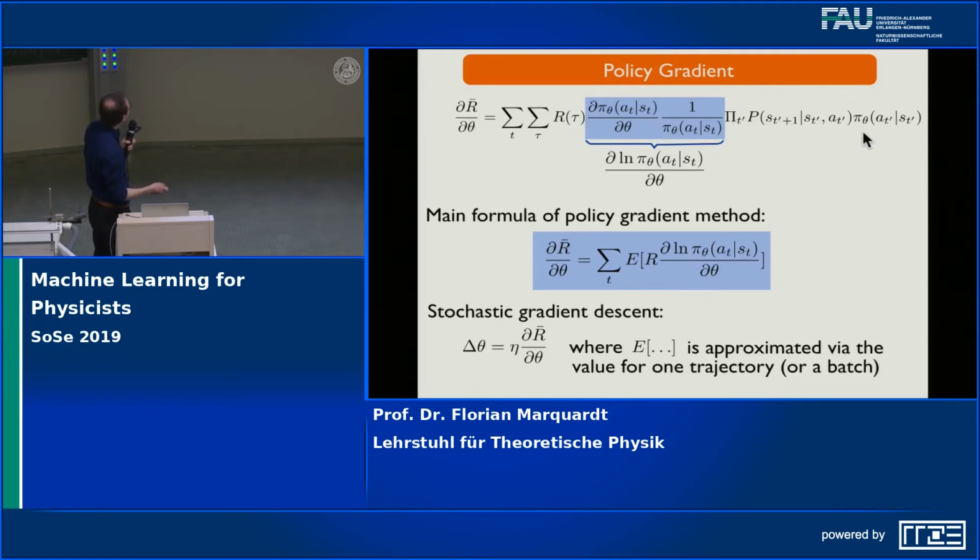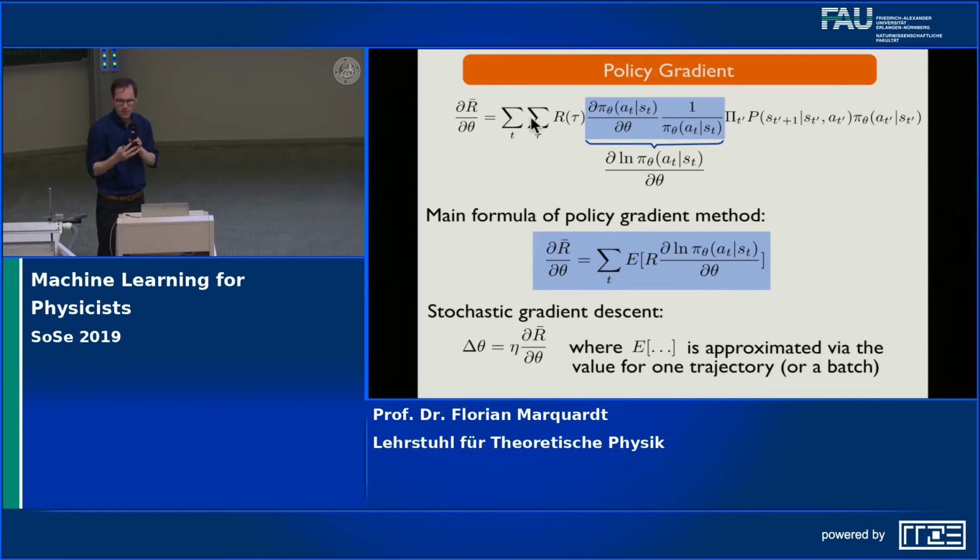So there's P of tau, there's R of tau, there's this logarithmic derivative, and I sum over all trajectories and sum over all times. Now if I collect everything, since I still have the probability P of tau for this particular trajectory to happen, and I sum over all tau, that's nothing but an average over all trajectories.